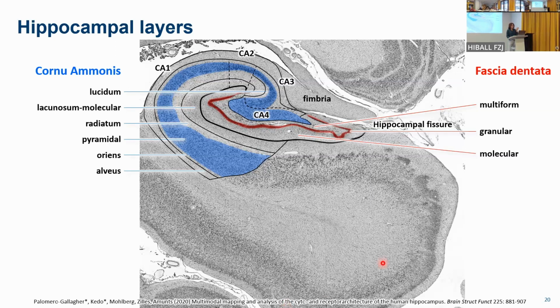And just in the CA3 region, we've got the lucidum layer, okay? So all of these layers constitute the so-called gray matter of the hippocampus.